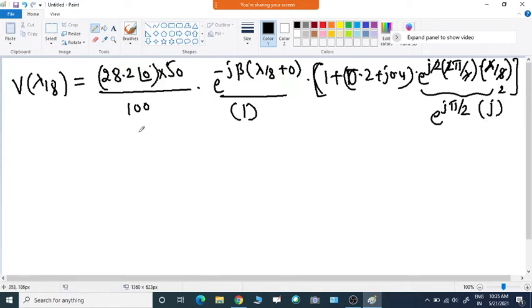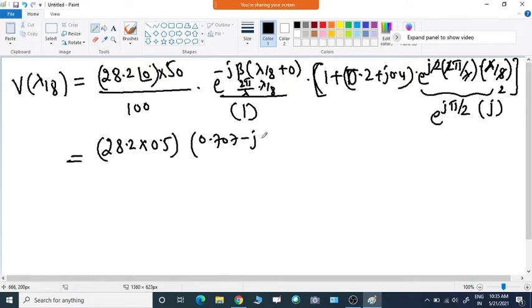So now we can substitute that one, and here you can substitute 2 pi by lambda, and you will get 28.2 into 0.5. This we have already seen, that is 2 pi by lambda into lambda by 8, so this will give pi by 4, so that will give 0.707 minus j 0.707.